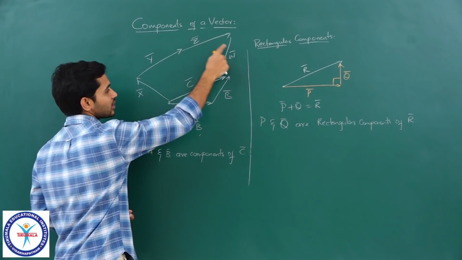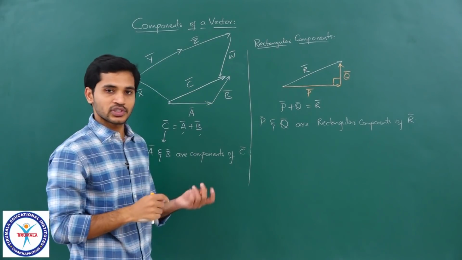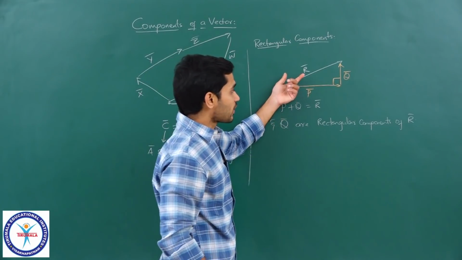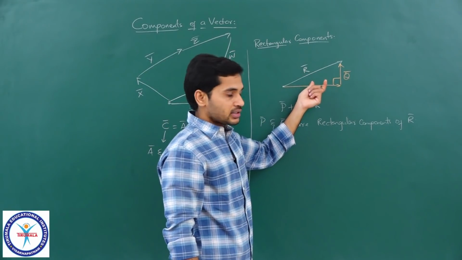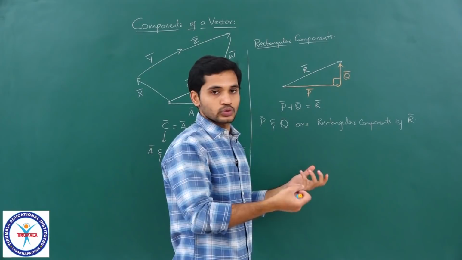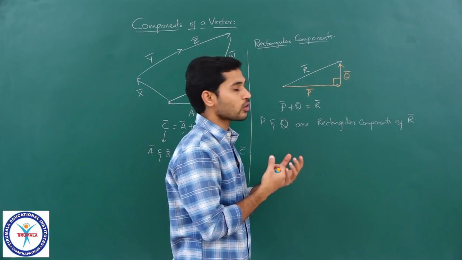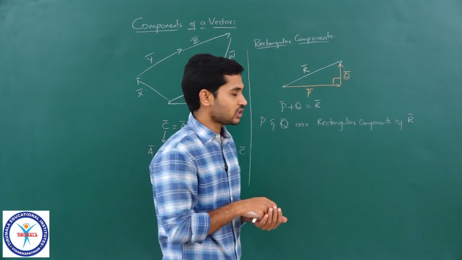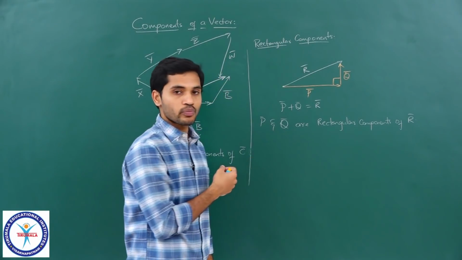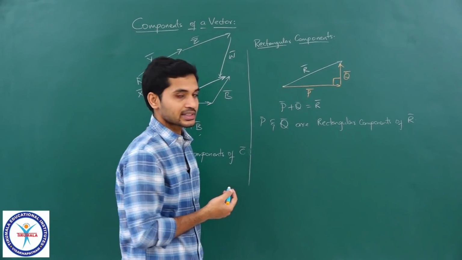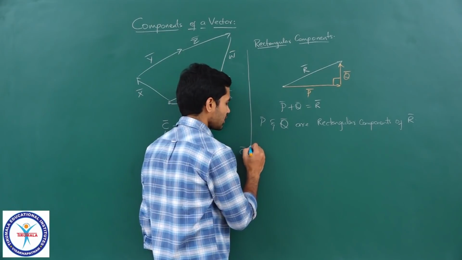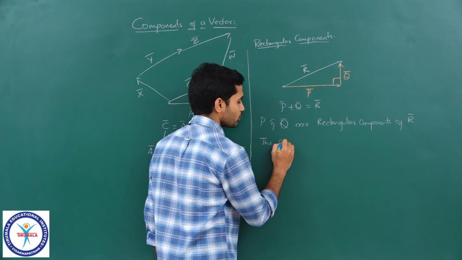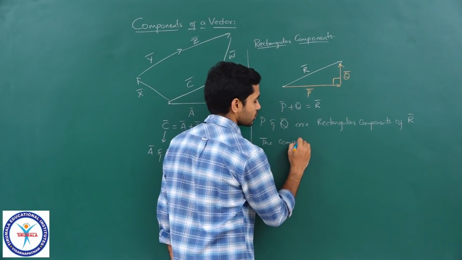So, all these will also be the components of C bar. But if I write a vector as a sum of two components or three components which are all mutually perpendicular to each other, then we say that those components are rectangular components. Clear? So, remember that the components should be mutually perpendicular.